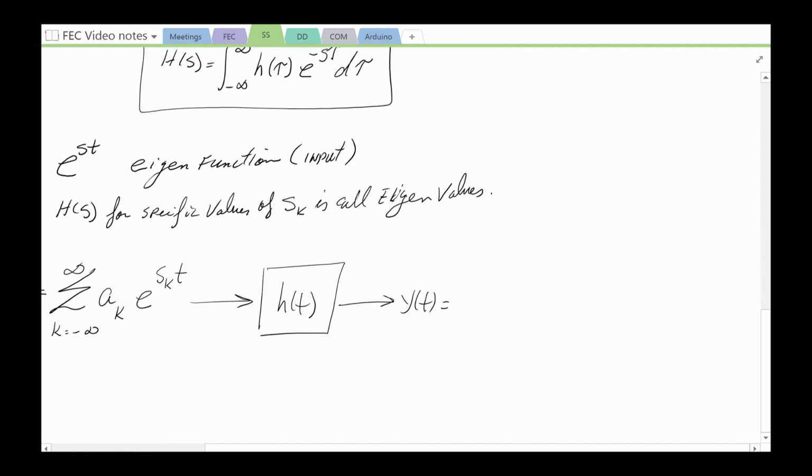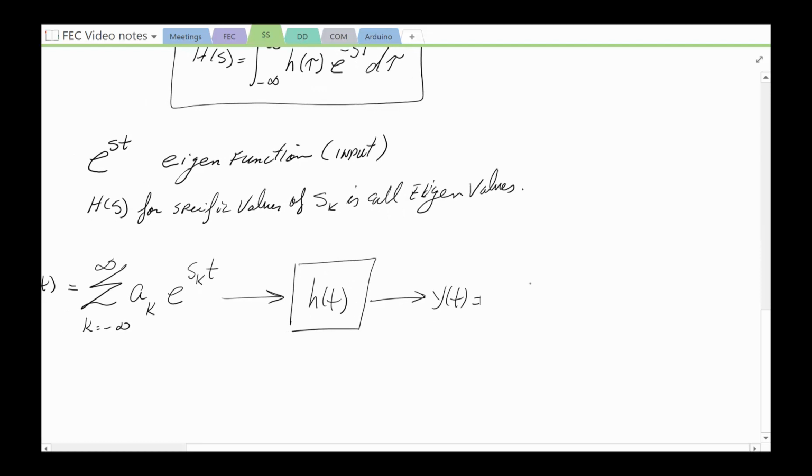So the output is simply the summation of k going from minus infinity to infinity of all the a of k's times h of s's. It's important that each h of s be evaluated at wherever that frequency happened to be, and then e to the s k t.